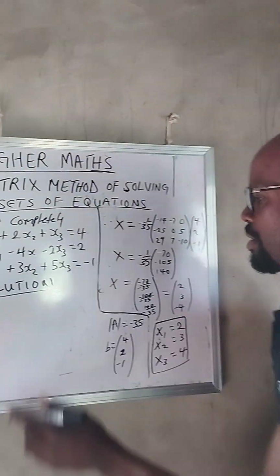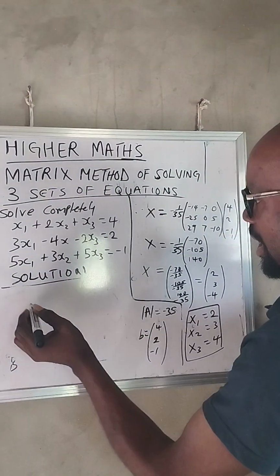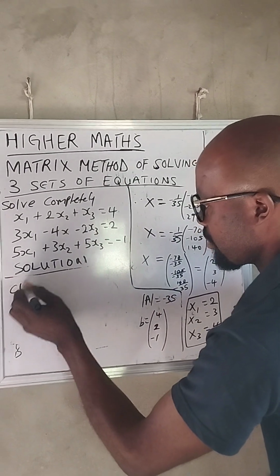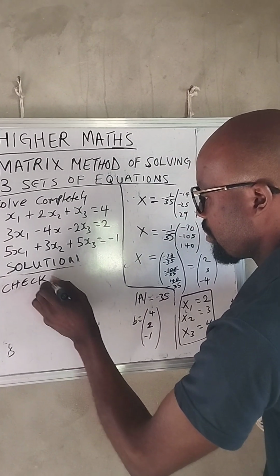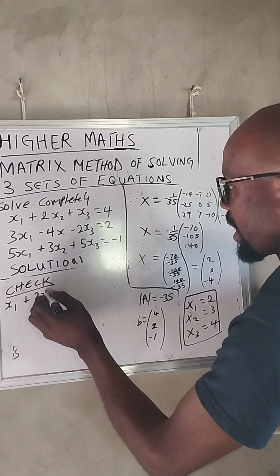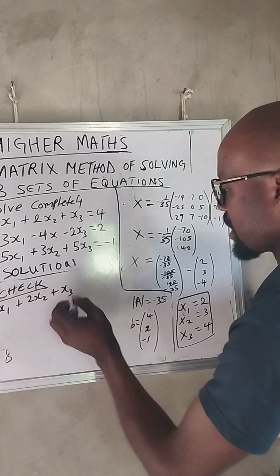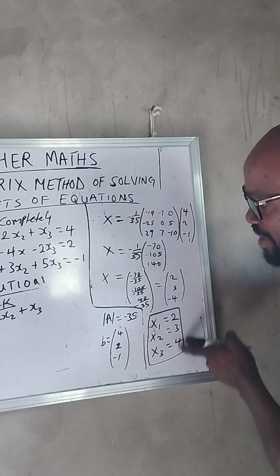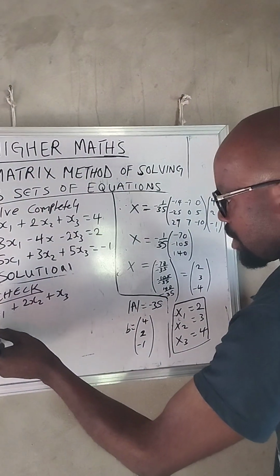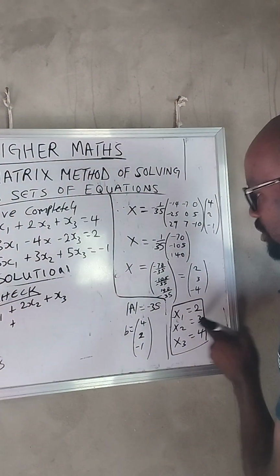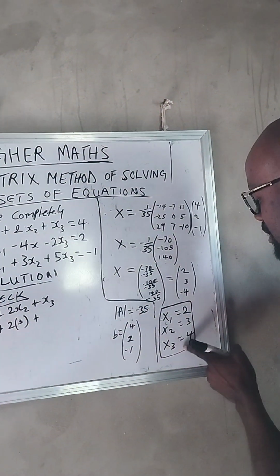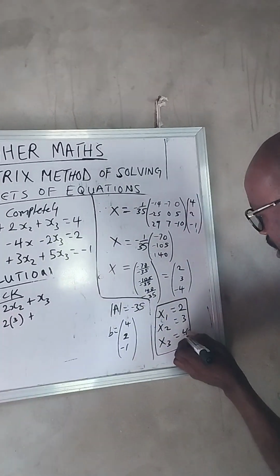To check, let's write check. x1 plus 2x2 plus x3. We are going to substitute this value here and see whether it will give us 4. x1 is 2. We have 2 plus 2 times 3, x2 is 3. x3 is minus 4.